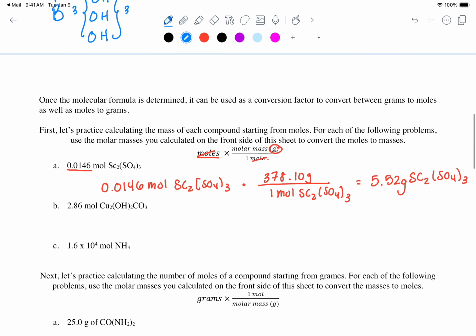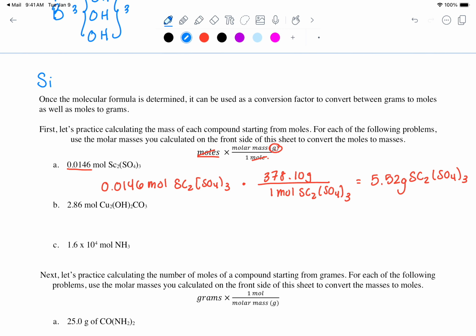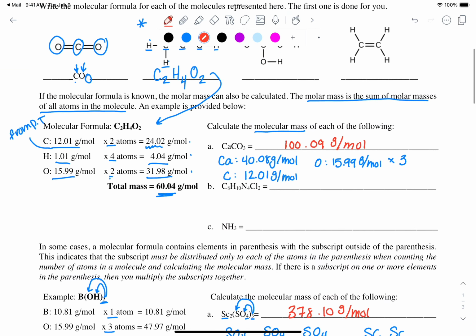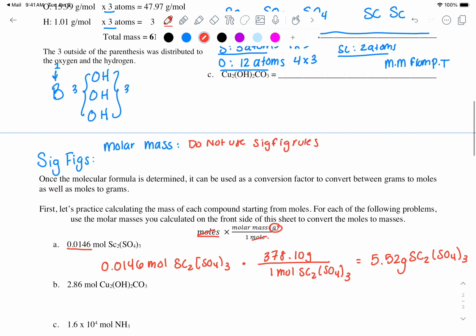When you are calculating the molar mass of just a compound, you do not want to use any of our sig fig rules. Up here, when we were adding all of these values together, our addition and subtraction rules can get us to that place, but there are some cases where the rules will mess up our molar masses.